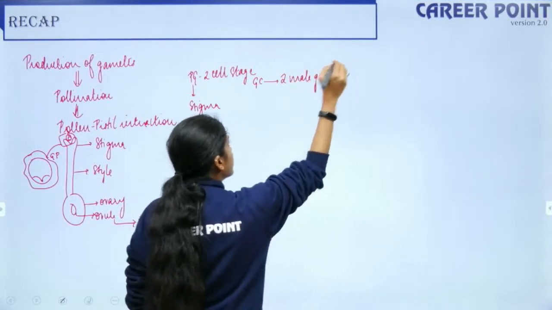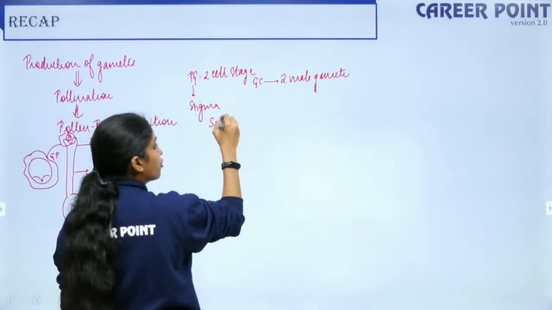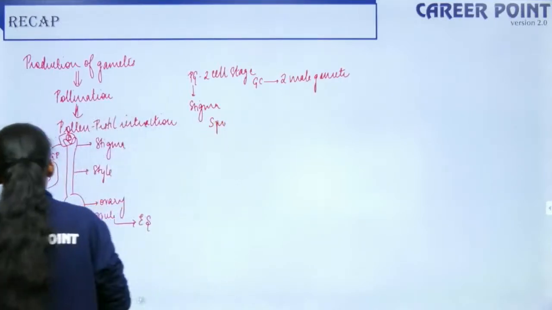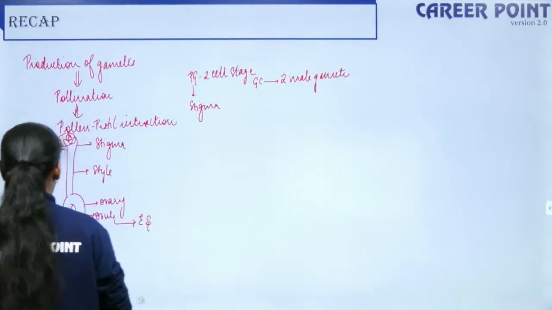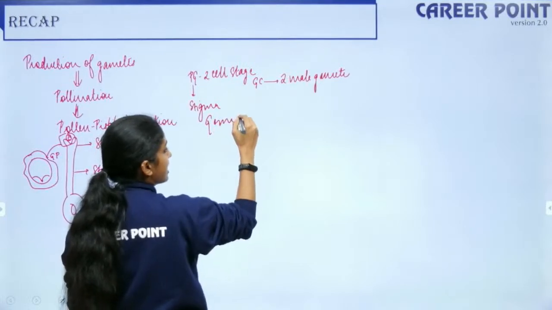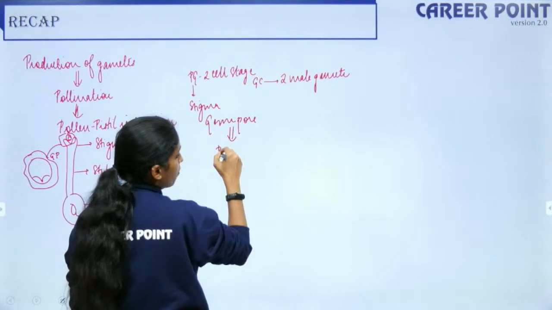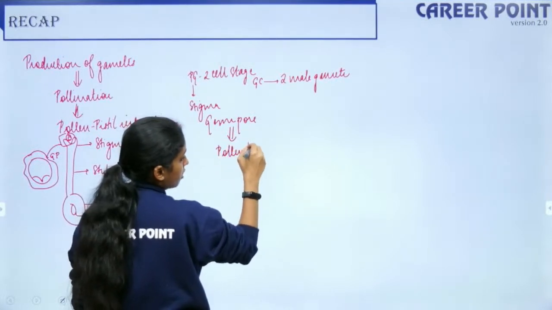But if the pollen is directly at the three-cell stage, with the help of the germ pore, it germinates to form a pollen tube.